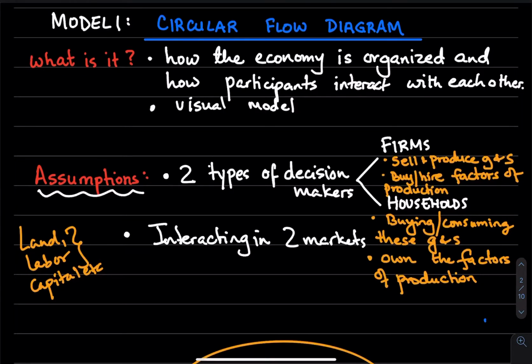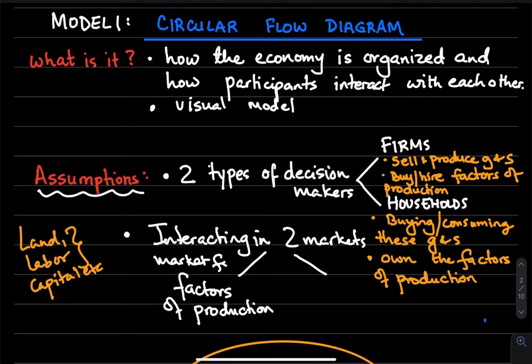The first market, you can guess based on what they're doing, would be the market for factors of production, and the other market would be the market for goods and services.